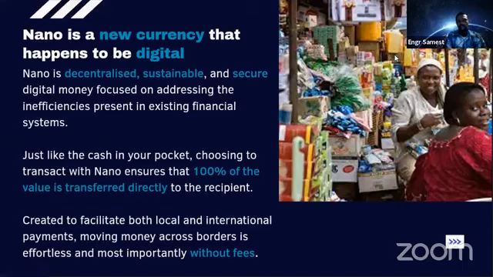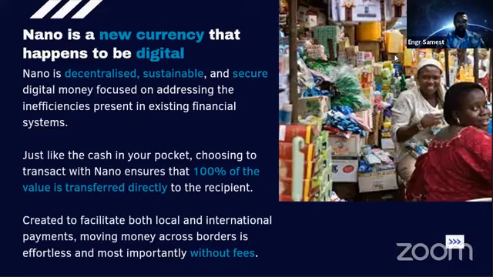There are two types of people that may be on this call now: people that are just getting to know about Nano, and people that don't know anything about digital currency. So when we say a new currency, it means a currency like the Naira that we make use of in Nigeria. Nano is also a form of currency that people make use of, but it is in a digital form.